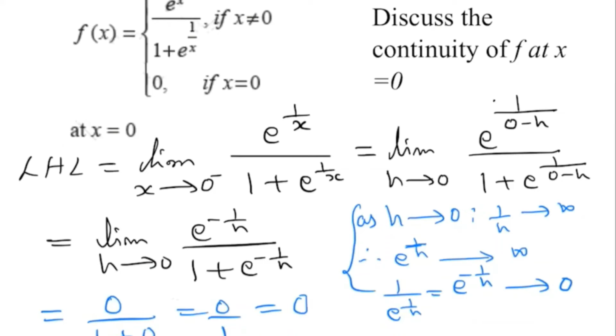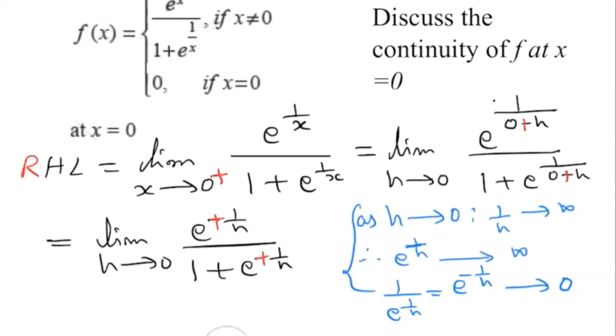Now we shall find the right hand limit of the function. RHL. So here approaching 0 from the right, 0 plus you get. Here replace this by h tends to 0, that is 0 plus h, here plus, here plus.